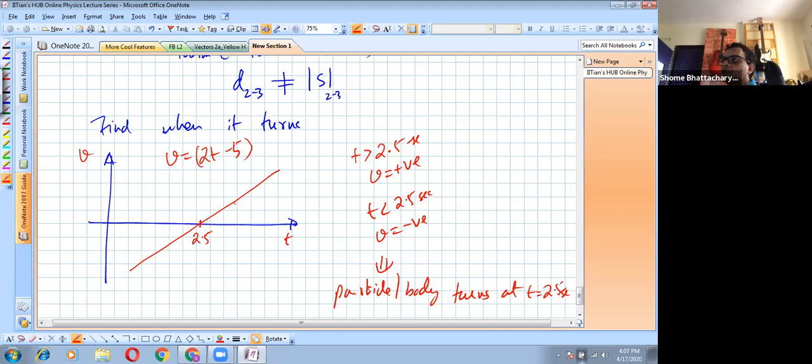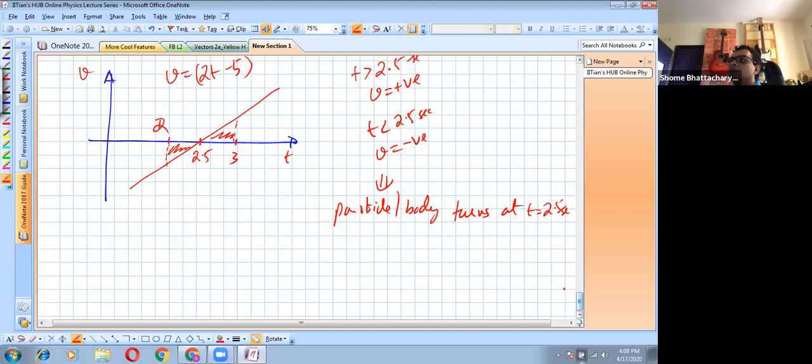Okay. So now we are looking at this whole interval. Sorry, from 2. So we can see that from 2 to 2.5, it is having this negative displacement, whereas from 2.5 to 3, it is having this positive displacement.